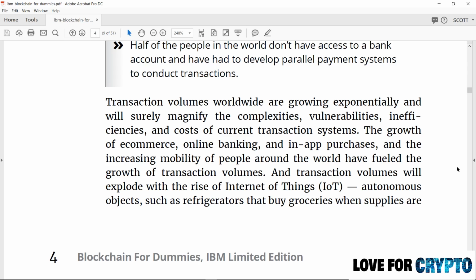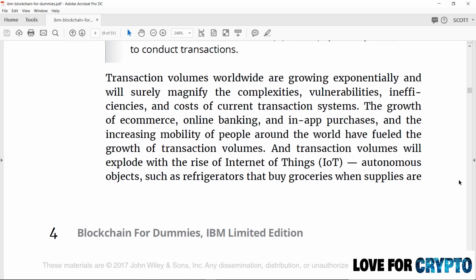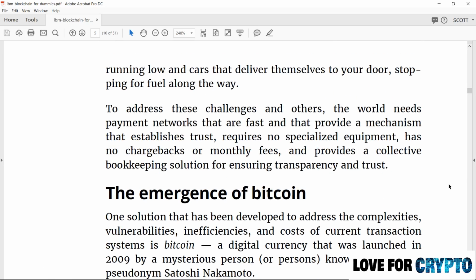Autonomous objects such as refrigerators that buy groceries when supplies are low, cars that deliver themselves to your doorstep. Literally, they're going to drive to you while stopping for fuel along the way. Autonomous vehicles, this is going to be crazy, and this is the future.